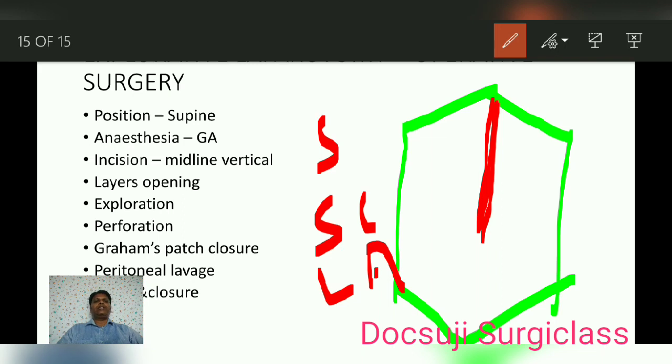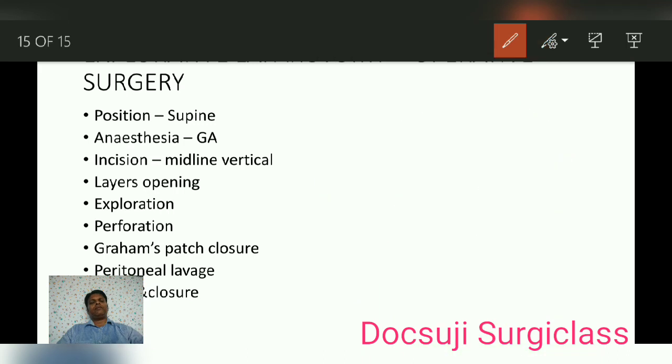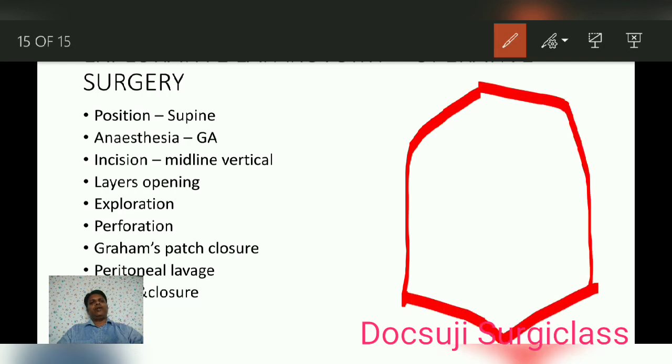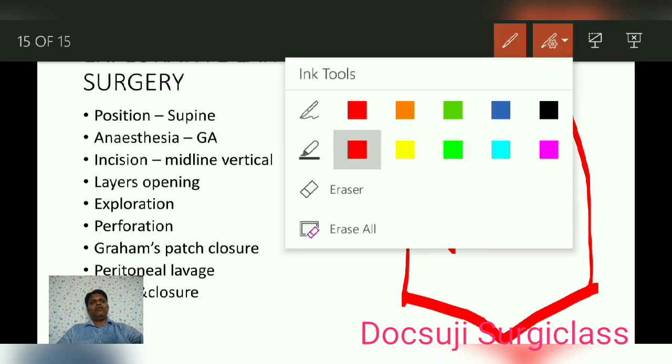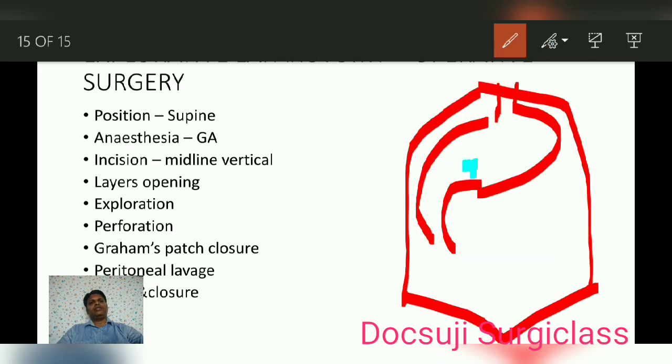Once you open, you reach the peritoneal cavity. Then what do you have to do? You try to explore and first find out the pathology. In our case, look in the stomach and duodenum. Look for any perforation in the stomach anterior wall and duodenal anterior wall. If there is a perforation, you correct it by closure.